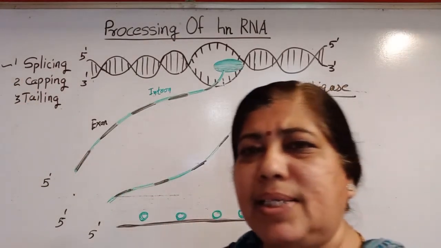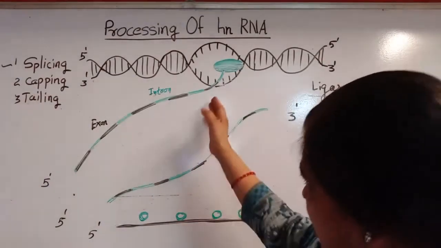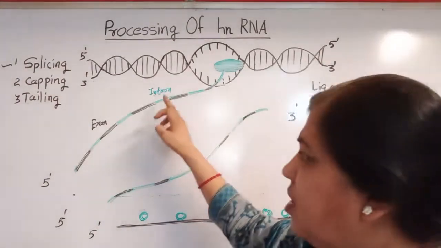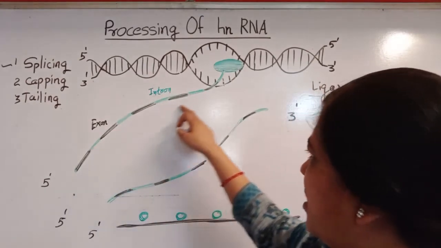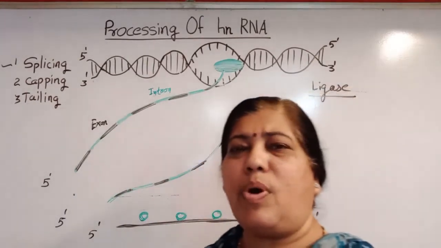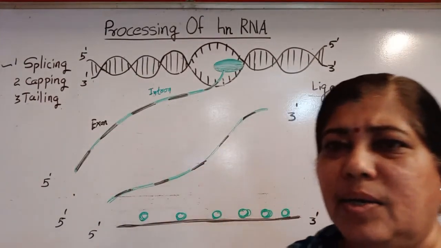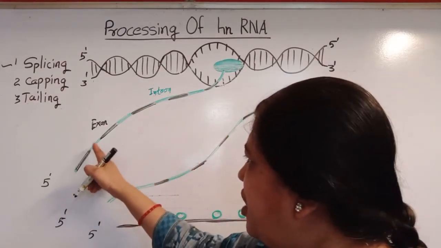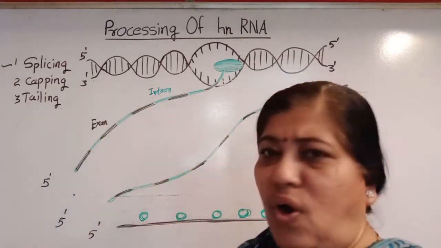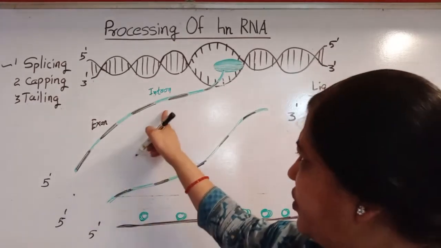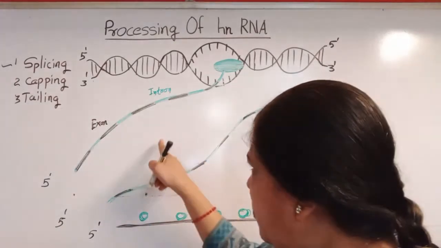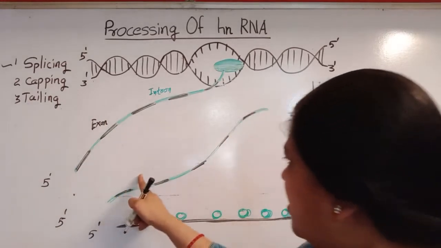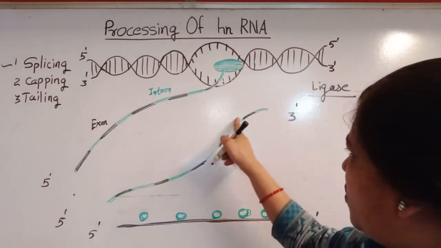So this is very easy, splicing. What is meant by splicing? Splicing means removal of introns from hnRNA. So this is the RNA which contains intron and exon. So it is non-functional. In the process of splicing, removal of introns takes place.